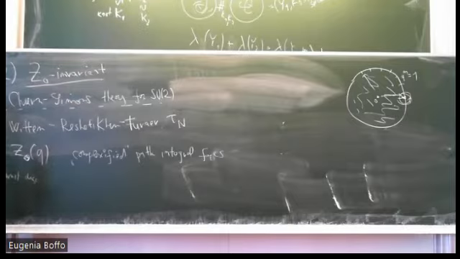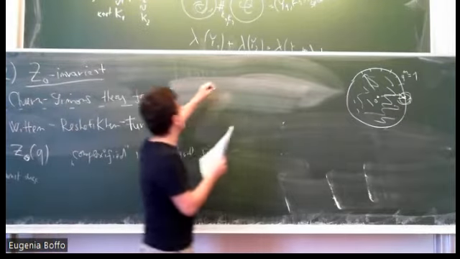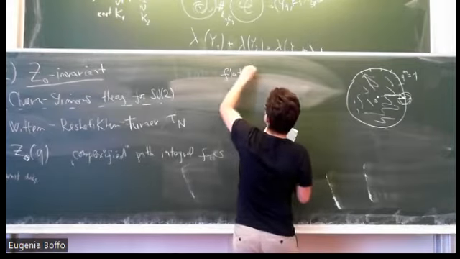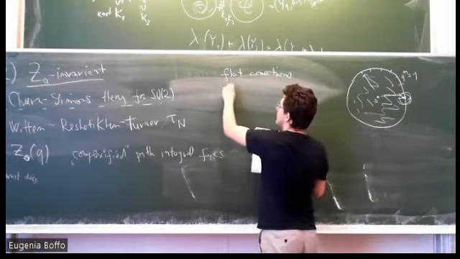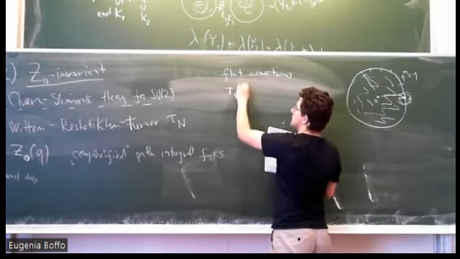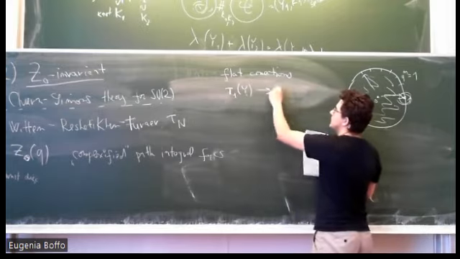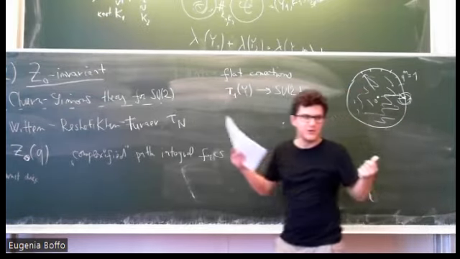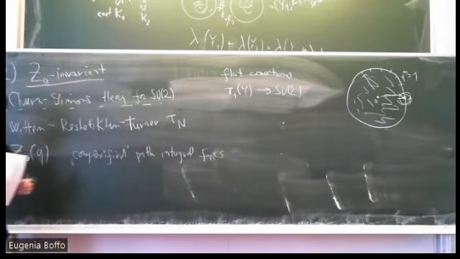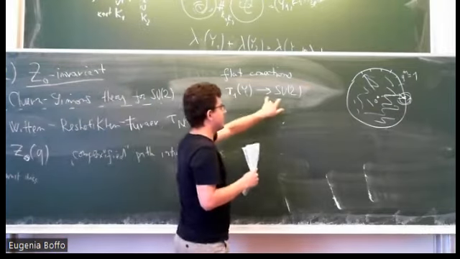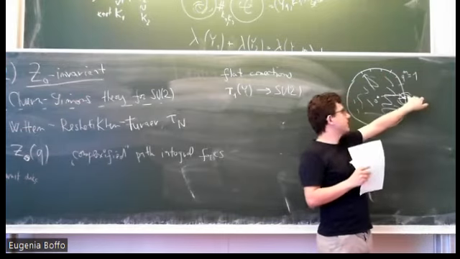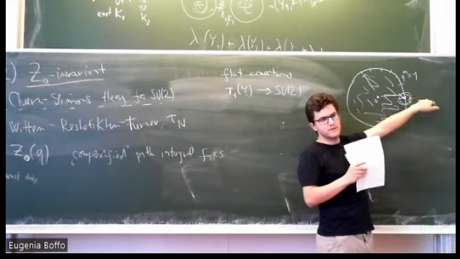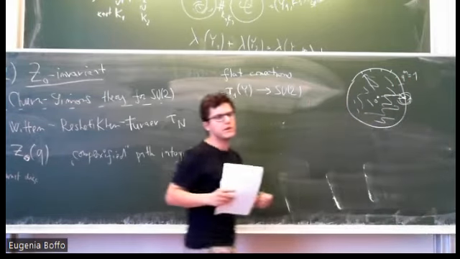I should say that the flat connections exactly correspond to these homomorphisms from π1(Y) to SU(2). So there should be some relation to the Casson invariant, and there seems to be. At least the Casson invariant appears there in many places. One of them is in this perturbative expansion, where it is like the first term of the perturbative expansion.